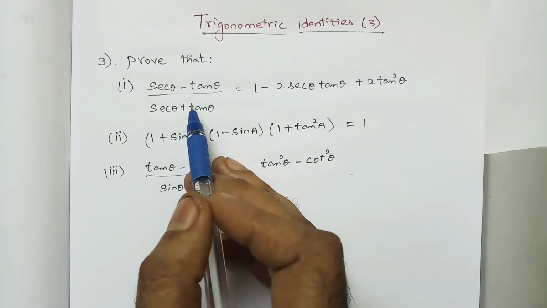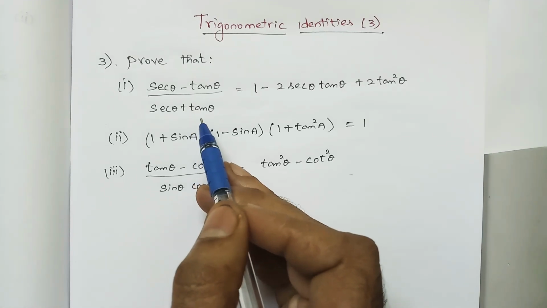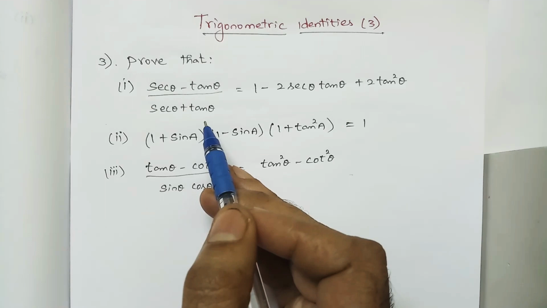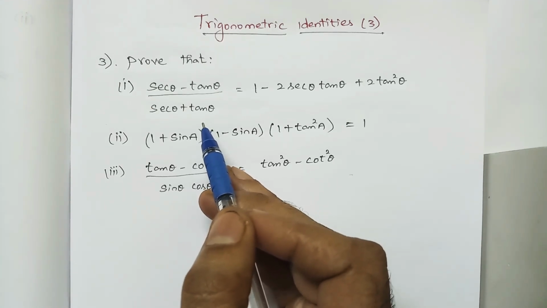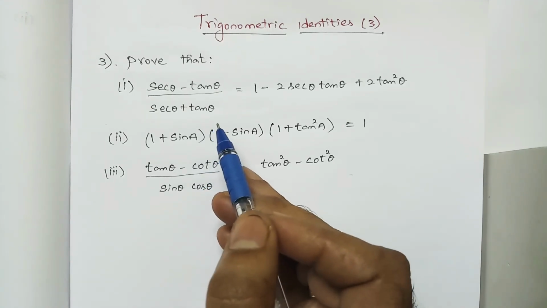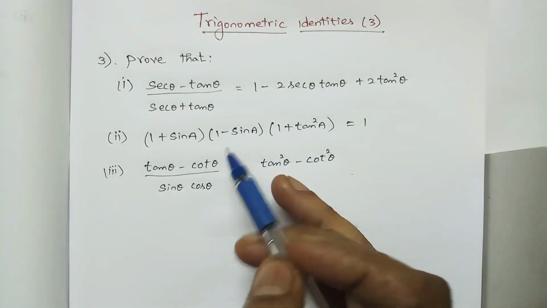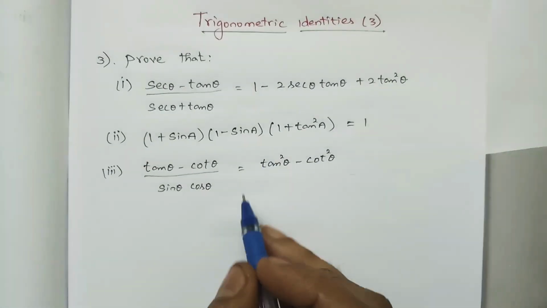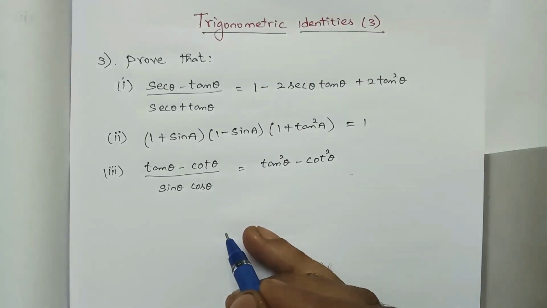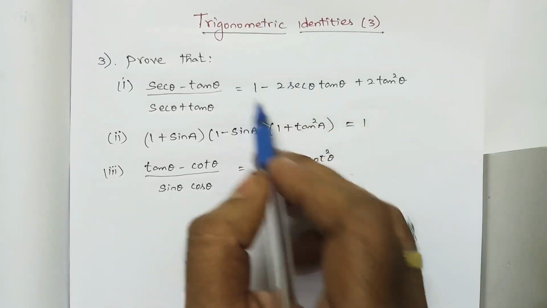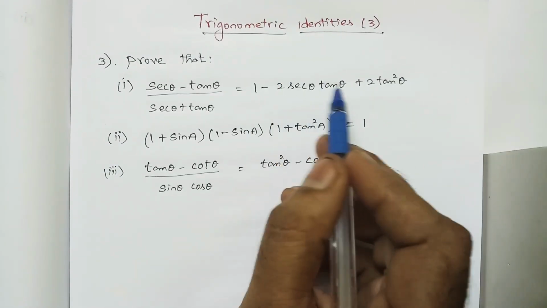If you feel it is easier in terms of sine and cos, you can convert and simplify, and you will get the same answer. But finally you have to convert back to sec and tan, because the RHS is in terms of sec and tan.